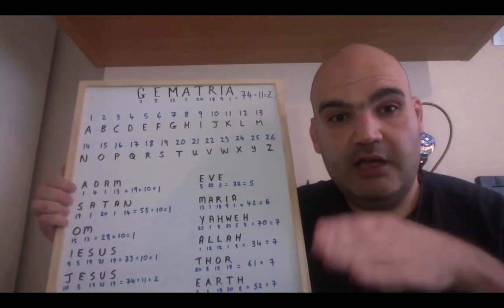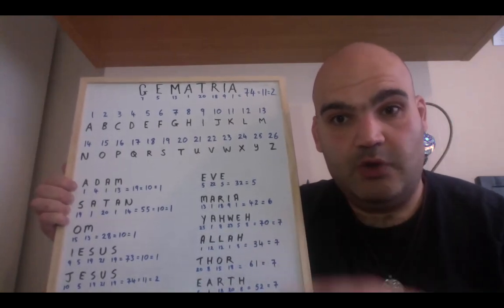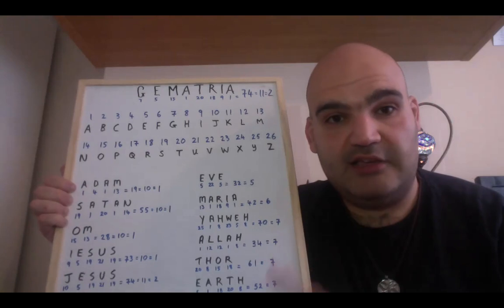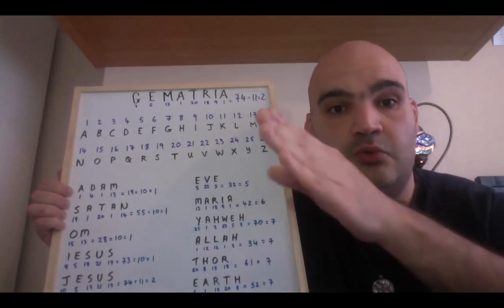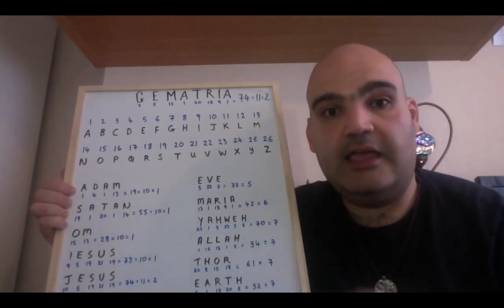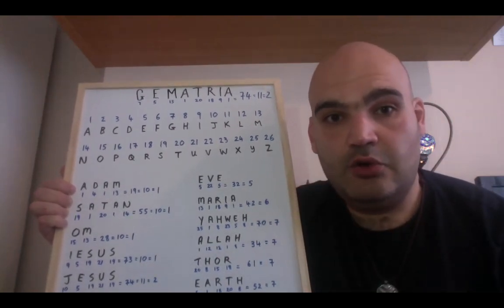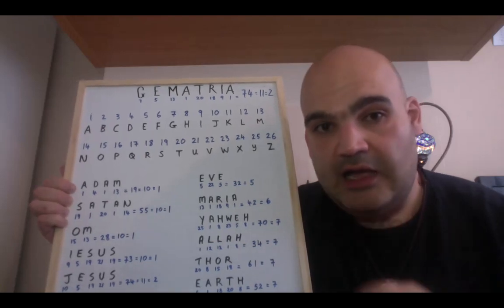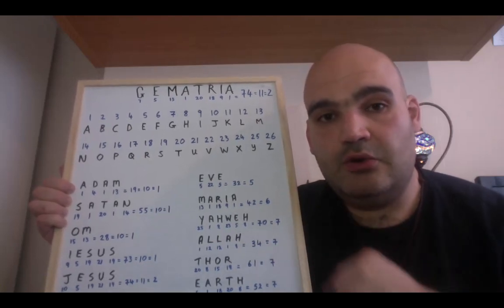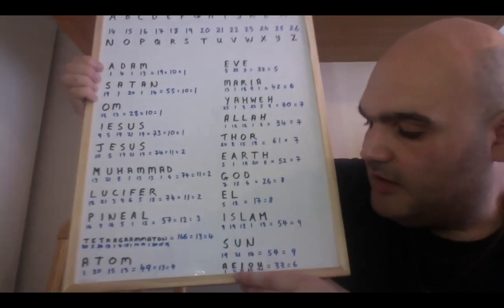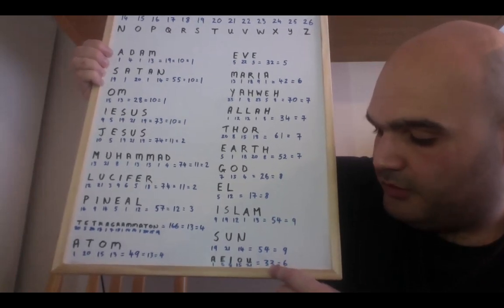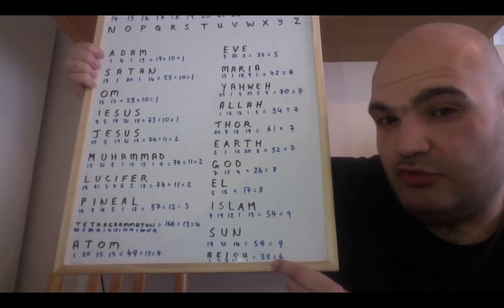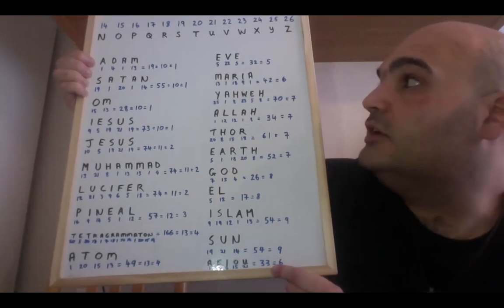So if you say A, E, I, O, U all in one, you do like a meditation. So it's very interesting that adding up all the vowels together, it comes to 33, which is the digital root of 6.